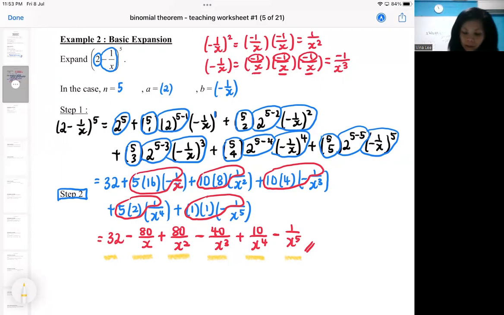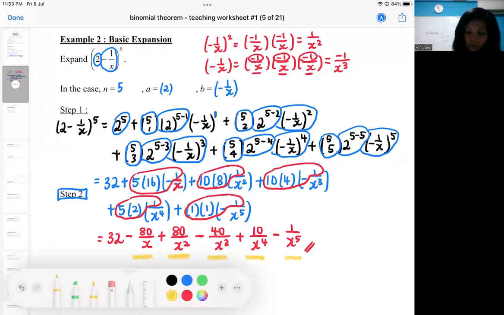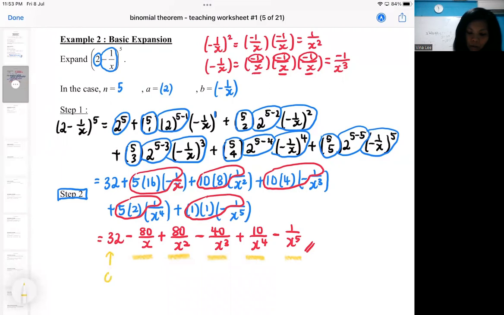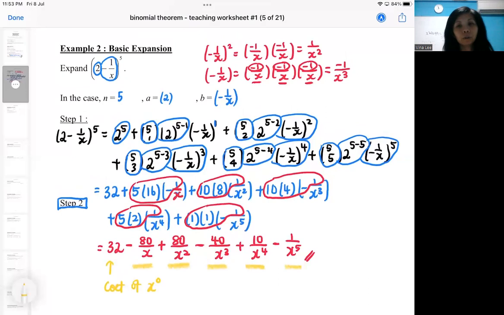And 32 here is the term independent of x. Again, this term independent of x will be known as the coefficient of x to the power 0, which we will be using a lot more when we get to the idea of the general term. So this example is still a basic expansion, but it involves something negative and it involves a fraction.